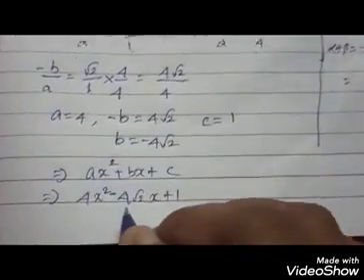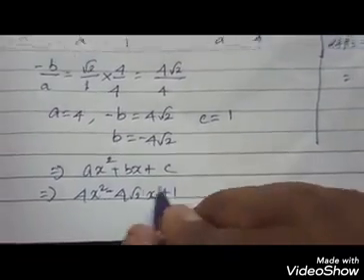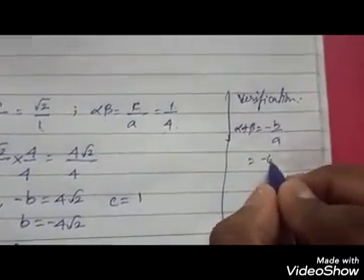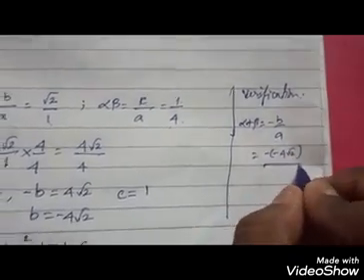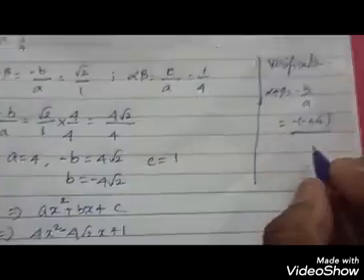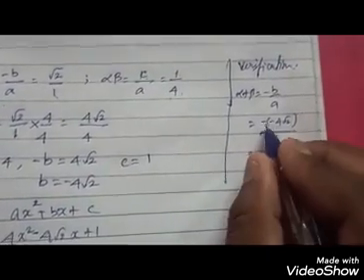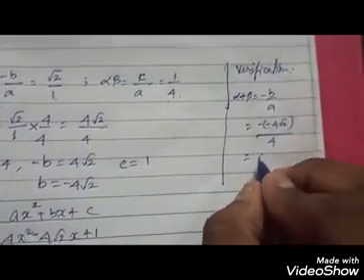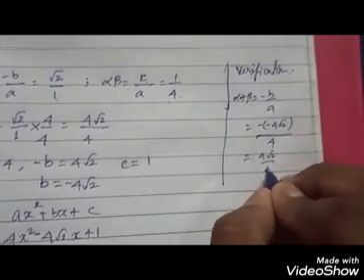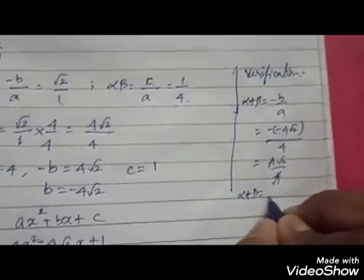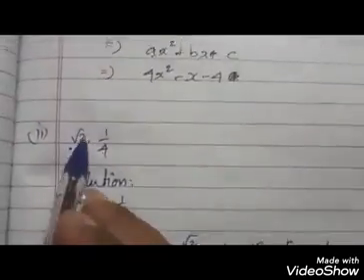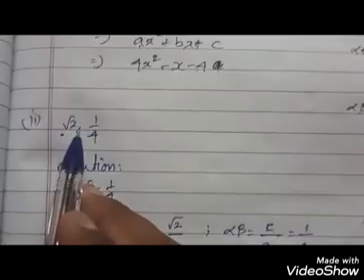Here b which is equal to minus 4 root 2. So minus of minus 4 root 2, divided by the value of a which is 4. So minus into minus becomes plus. So 4 root 2 divided by 4, 4 will get cancelled. Alpha plus beta, that should be sum of zeros which is root 2. Here you see sum of zeros which is equal to root 2.